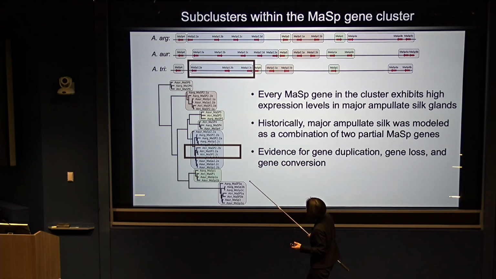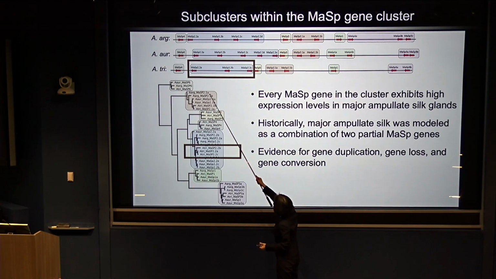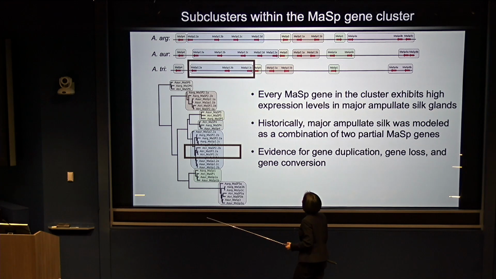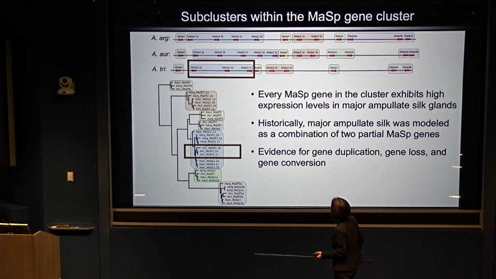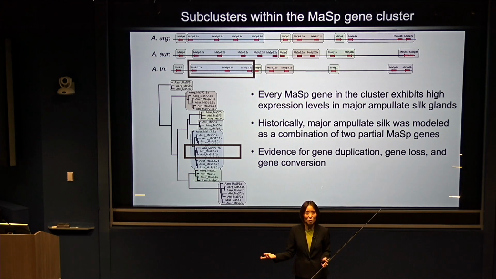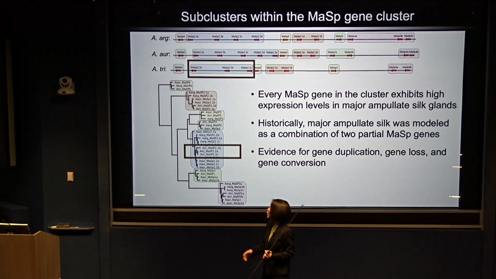Let's focus right here on this blue group. Our Argiope trifasciata, the third row, has a MASP2.2a, 2.2b, and 2.2c. If you look at the orientation of these three genes to each other and the direction of the arrows, and compare it to the other species, you would think they should have grouped with each other, but they didn't.